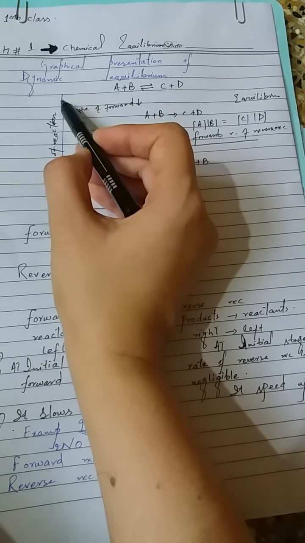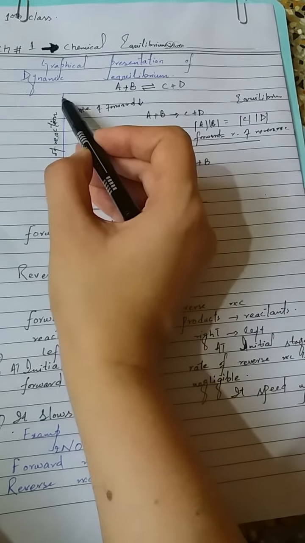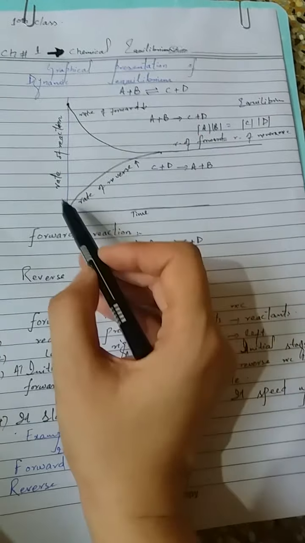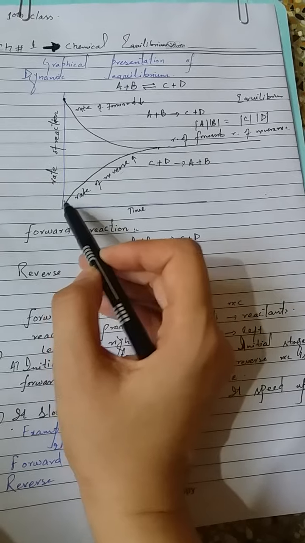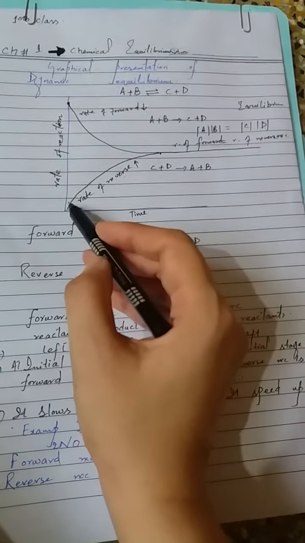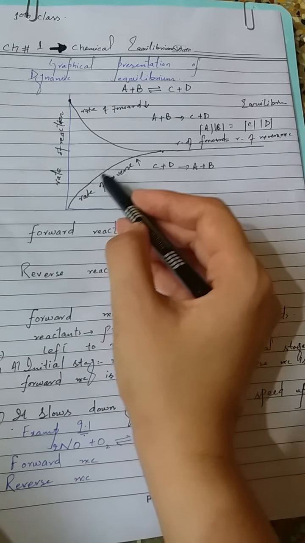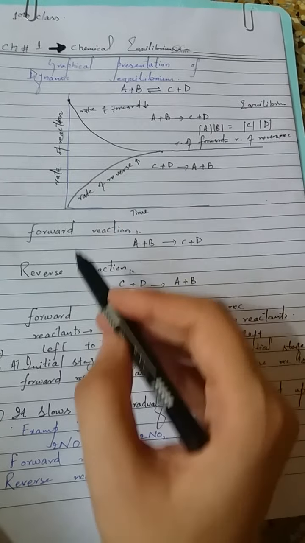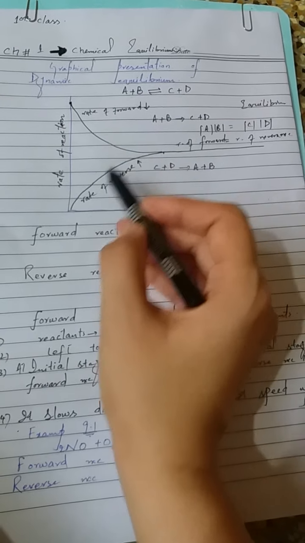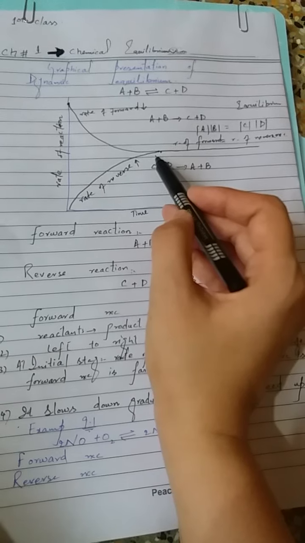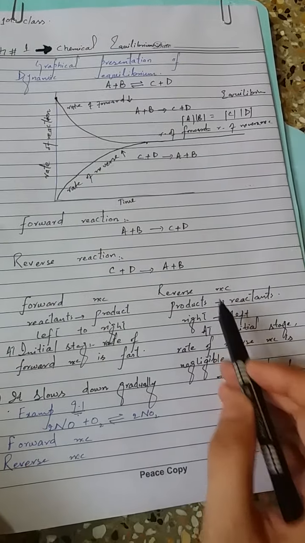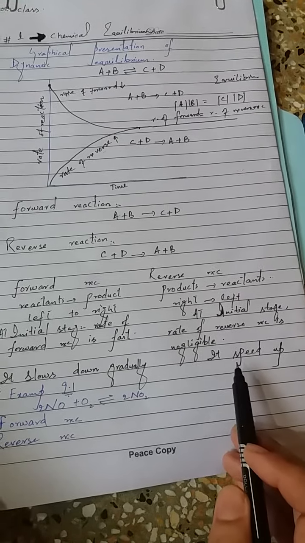At the initial stage, the rate of reverse reaction is negligible, but with the passage of time the rate of forward reaction decreases gradually and the rate of reverse reaction speeds up gradually.